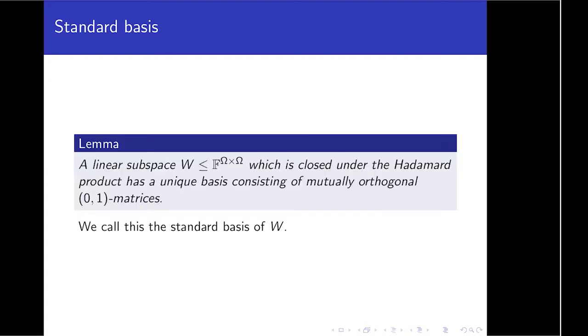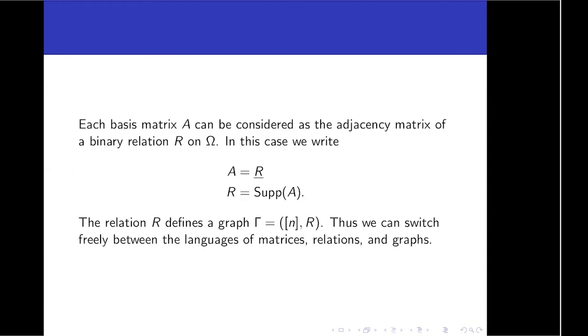If we have a linear subspace of matrices which is closed under the element-wise product, then it has a unique basis consisting of mutually orthogonal 0-1 matrices, and we call that the standard basis of this subspace.